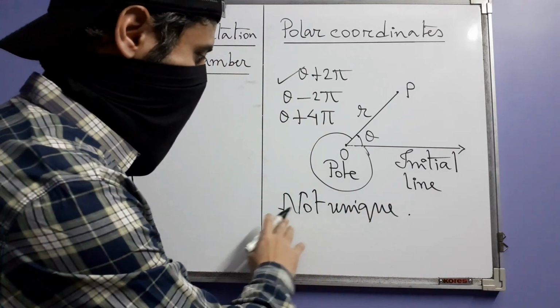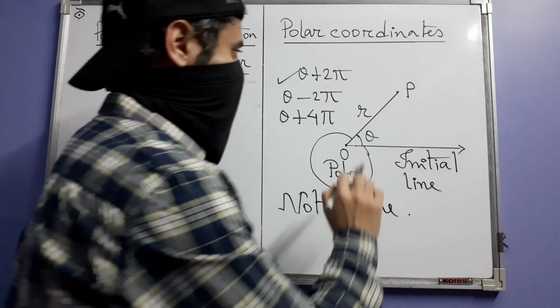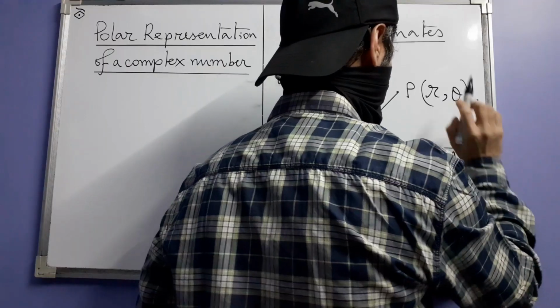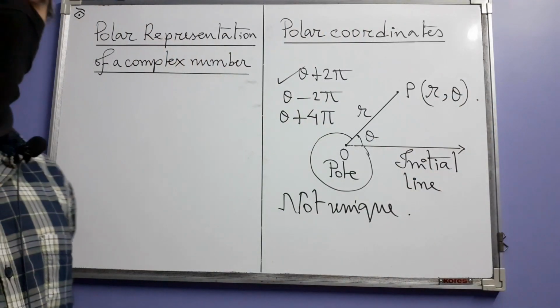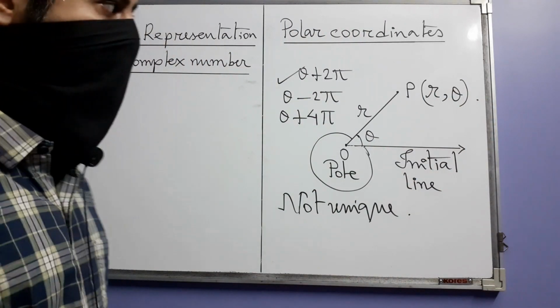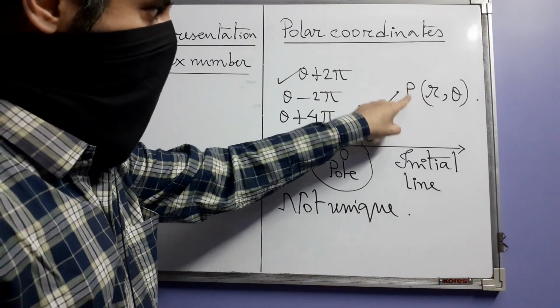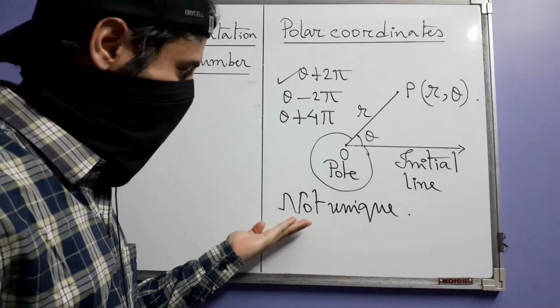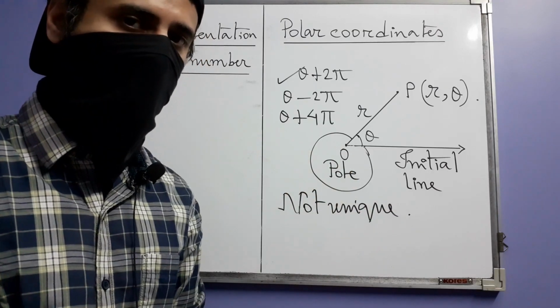Regardless of this lack of uniqueness, any such theta can be chosen and you can consider this ordered pair of r and theta. These are polar coordinates of P, but we cannot say the polar coordinates because theta part is not unique.